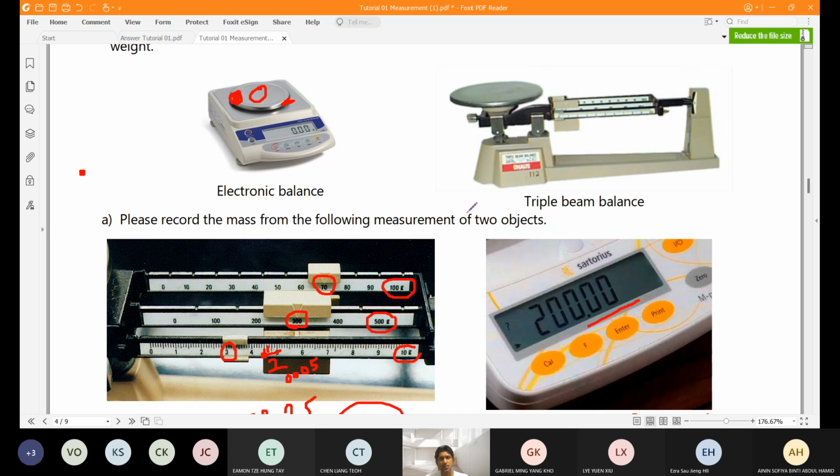Same goes for this triple beam balance as well. But the parallax error can occur for this type of beam. I will see it one way, you may see it another way, or my eyesight and your eyesight will be different. So there can be a bit of parallax error in this case.